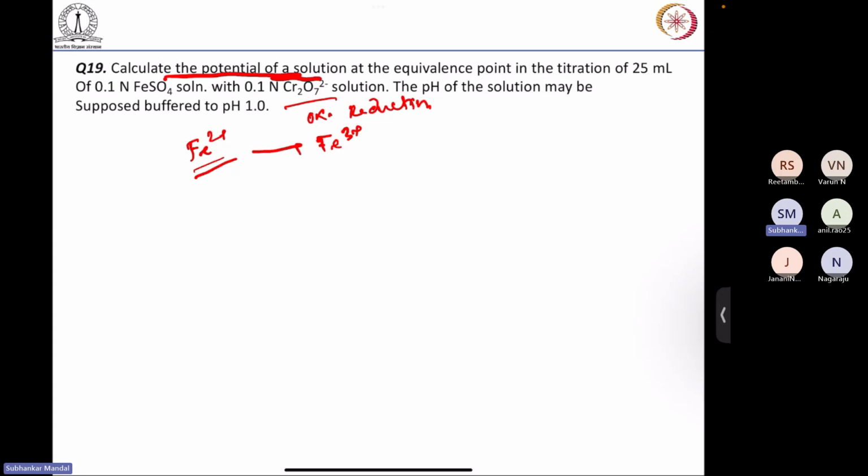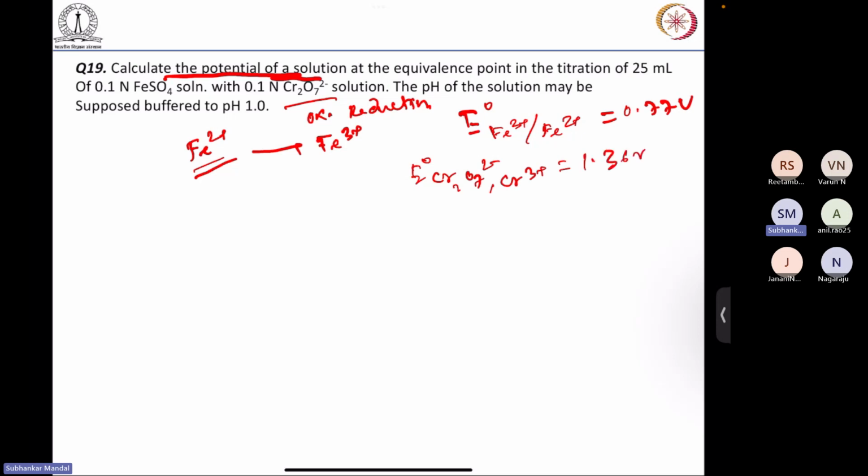I think here some values are not given. The standard potential is required. The standard potential of Fe3+/Fe2+ is 0.77 volt, and the standard potential of Cr2O7 2-/Cr3+ is, I think, 1.36 volt.